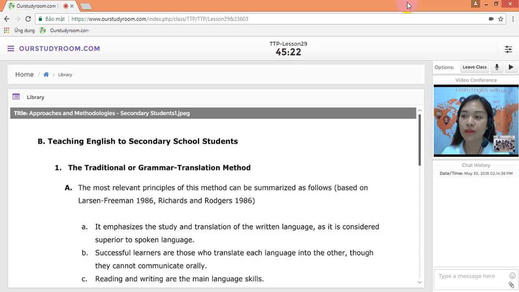Reading and writing are the main language skills. And teachers often use the native language to teach in this method. Yes, all right. Thank you very much, teachers.